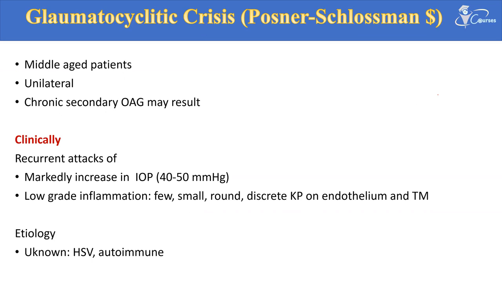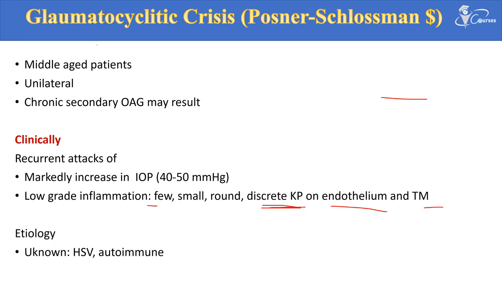You find high intraocular pressure with very low grade inflammation, like small, white, round, discrete keratic precipitates on the endothelium and trabecular meshwork. So the diagnosis for this case will be the glaucomatocyclitic crisis or the Posner-Schlossman syndrome.